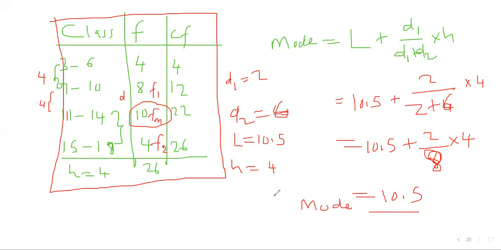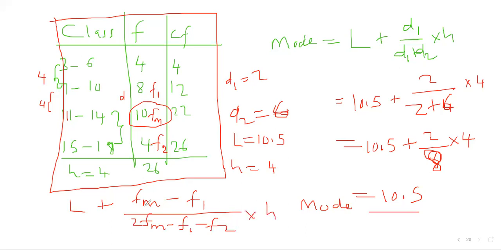Otherwise, the long formula that you would otherwise use is this one. I'm trying to simplify your work, but it seems it is failing me. So maybe you can use this after identifying that. FM minus F1 over FM minus F1 minus F2, times height. So our L is 11, but we subtract 0.5, it becomes 10.5.